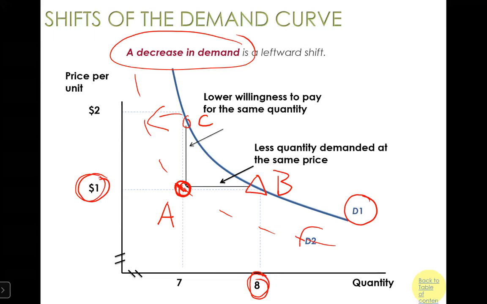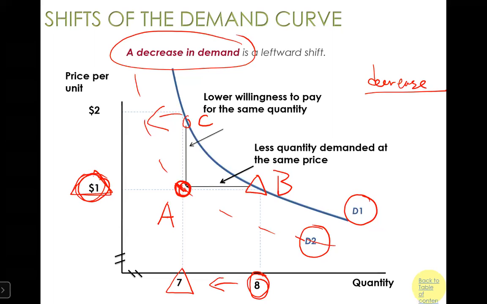Under the new demand curve of D2, at the same price, the demand will decrease to 7. Price stays the same, but the quantity demanded declines. So that reflects a decrease in demand. You are willing to buy less, even though the price stays the same.